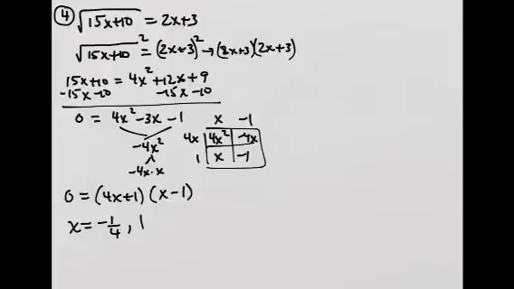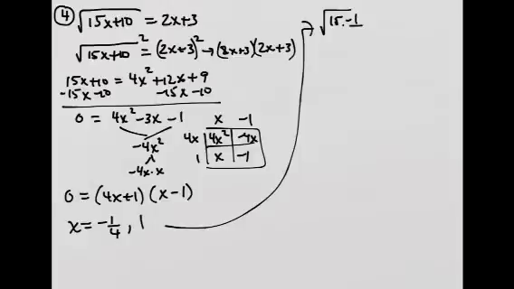Okay, so let's check negative 1/4. And I'll do that up here. So 15 times negative 1/4 plus 10 equals negative 15/4 plus 10. 10 over 1 is the same as 40 over 4.